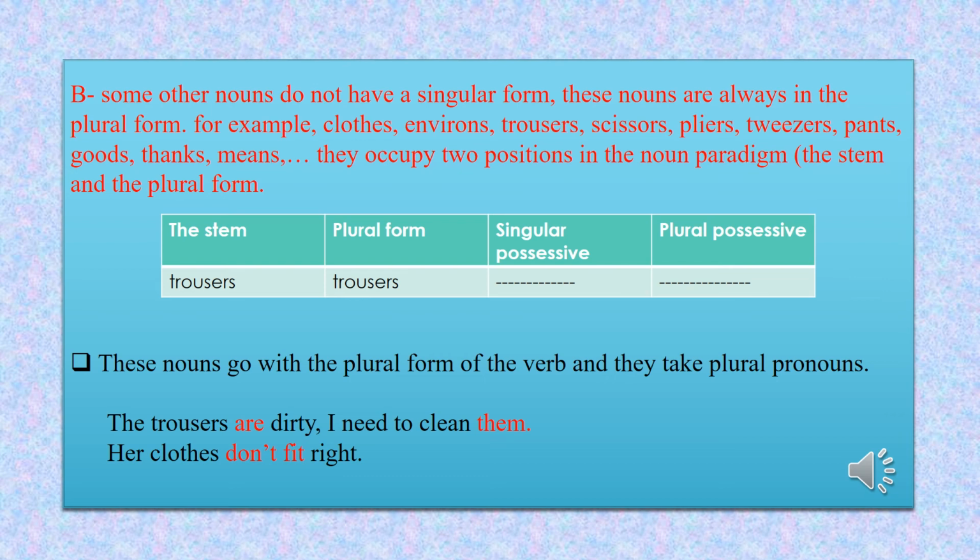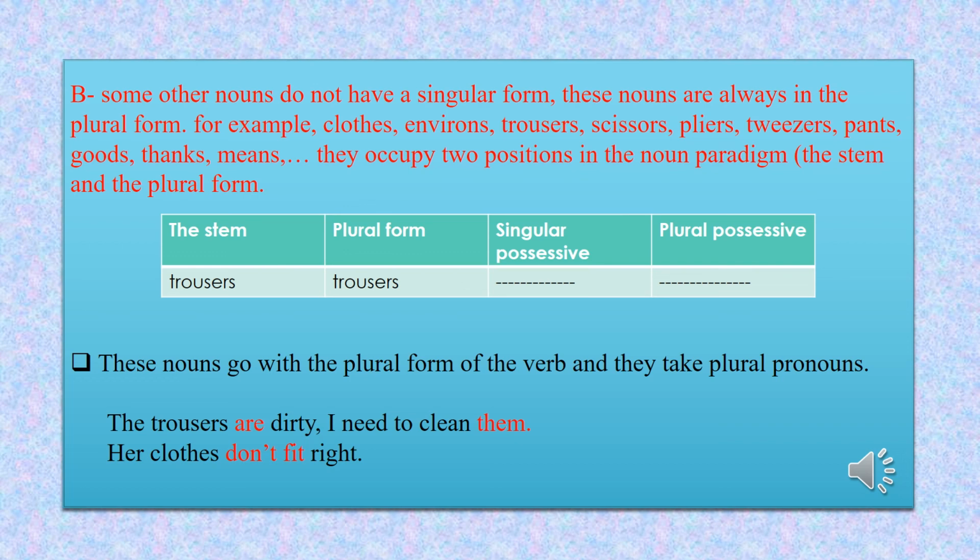Her clothes don't fit right. Notice that don't fit is the plural form of the verb, because the singular form is doesn't fit. So we don't say her clothes doesn't fit right. We have to say her clothes don't fit right, because the word clothes is a plural noun.